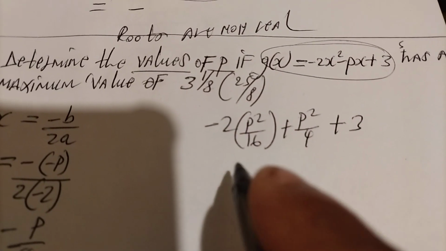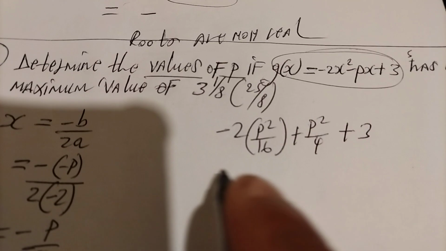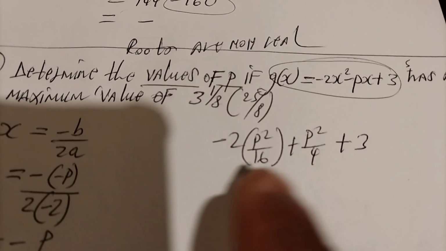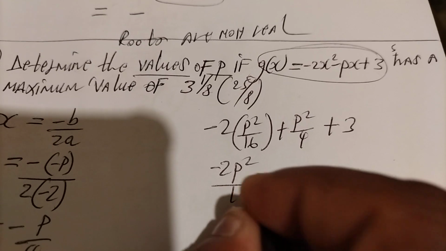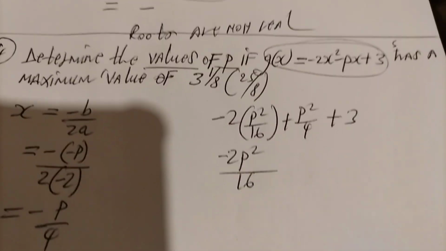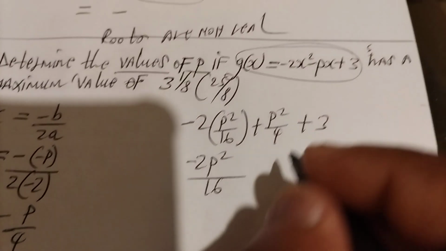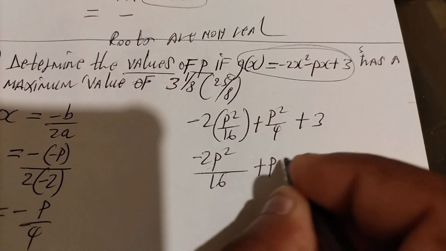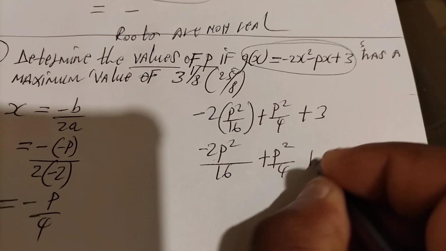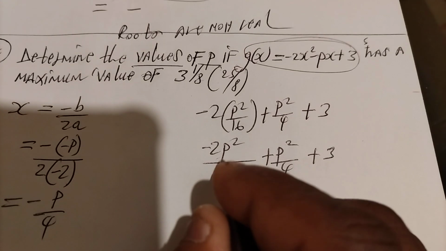Now we need to work this out. If you multiply in, you get -2p² over 16, and then this one over 4, plus 3.